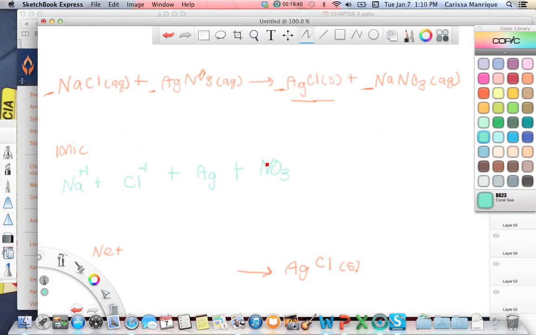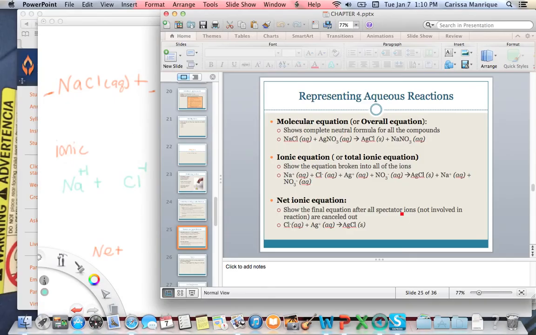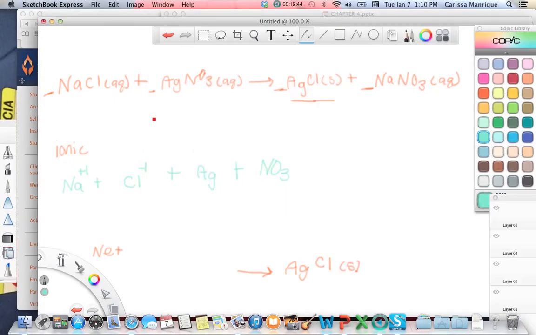Nitrate has a -1 charge, and that's just from the polyatomic ion chart that I gave you. So if that's a -1, there's only 1 silver, so what's the charge of that? +1. Now we have our AgCl, and this is going to stay together because it's our solid.